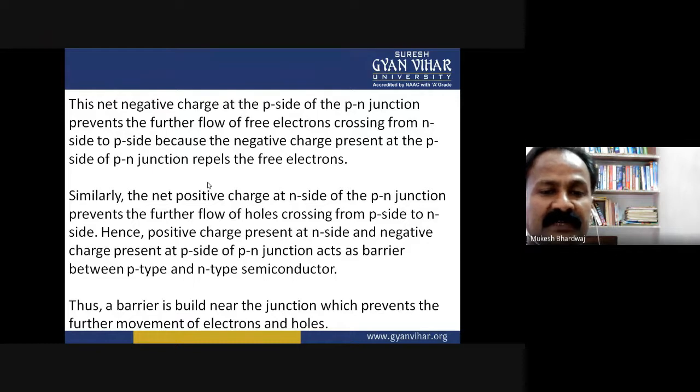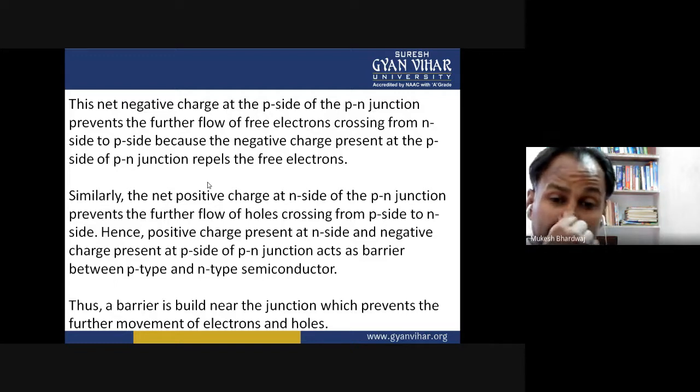Hence, the positive charge at the n side and the negative charge at the p side act as a barrier between p-type and n-type semiconductor. Thus, a barrier is built near the junction which prevents the further movement of electrons and holes. This is how the barrier is built up near the junction, and this barrier prevents the further movement of electrons and holes.